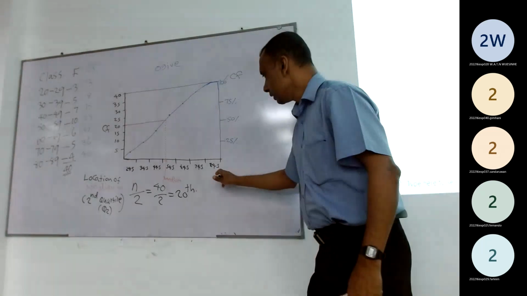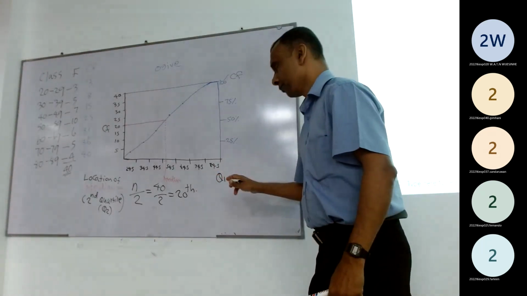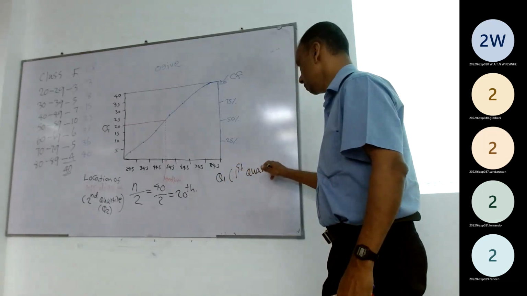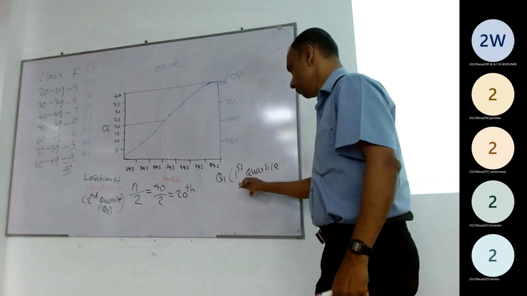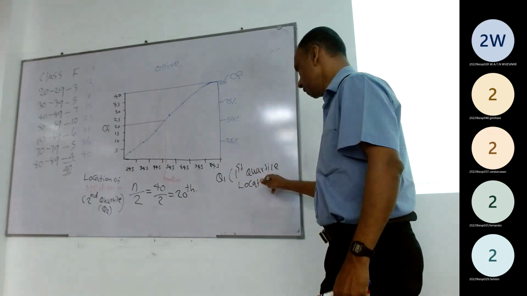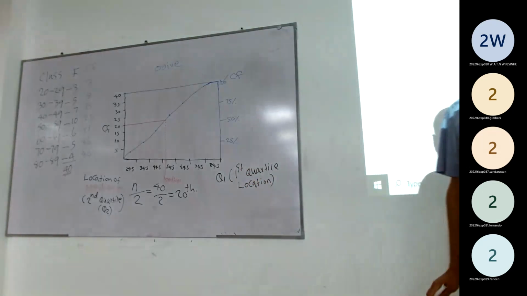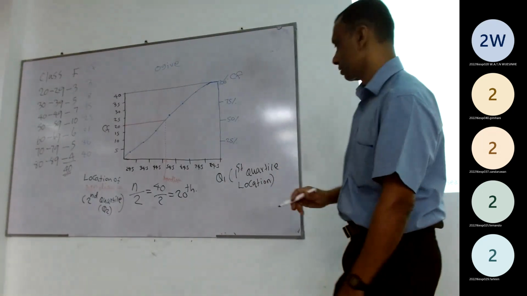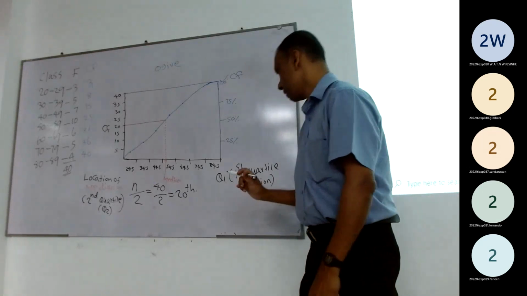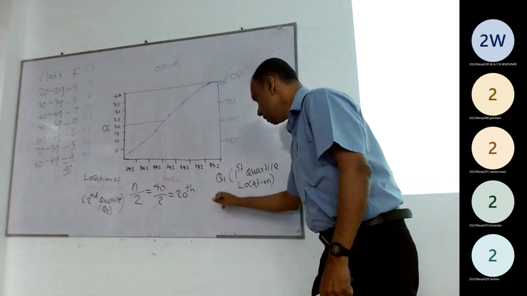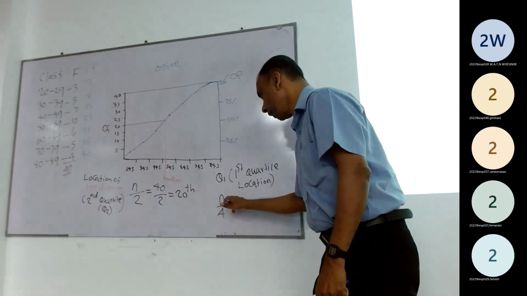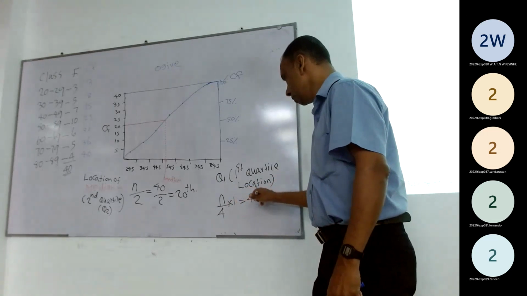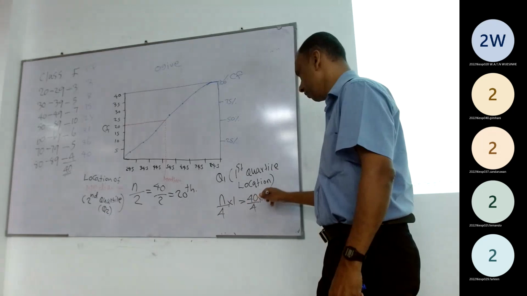Right, now you can decide Q1, that is the first quartile location. How do you decide? N over 4 multiplied by 1. N means 40, divided by 4, multiplied by 1.